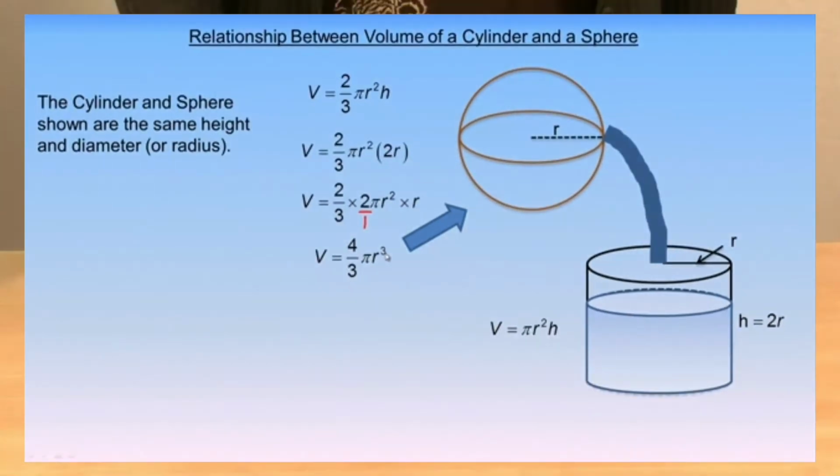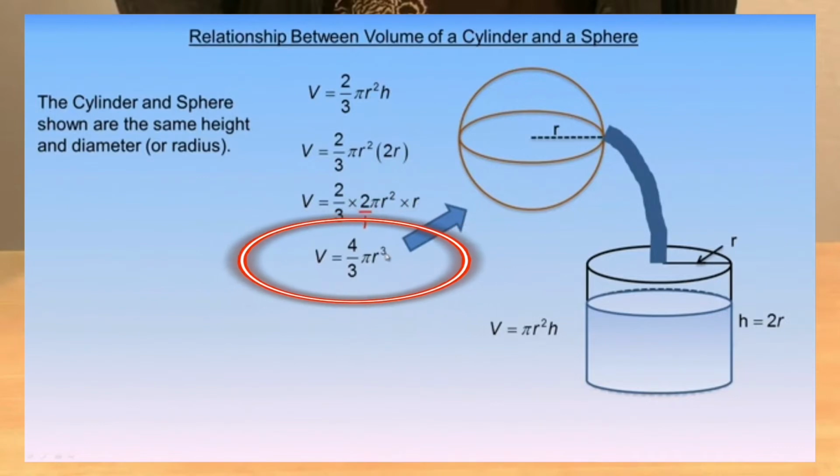So when deriving the formula of the volume of a sphere, multiply 2/3 to the volume of the cylinder and 2r, which means 2r is the equivalent height of the sphere to the cylinder. And we come up with the formula of 4/3 times pi times r raised to 3.